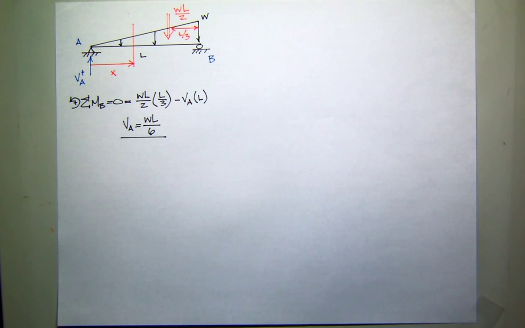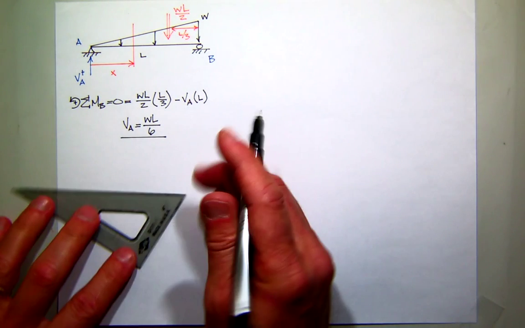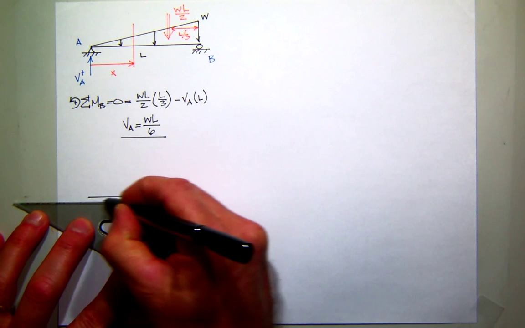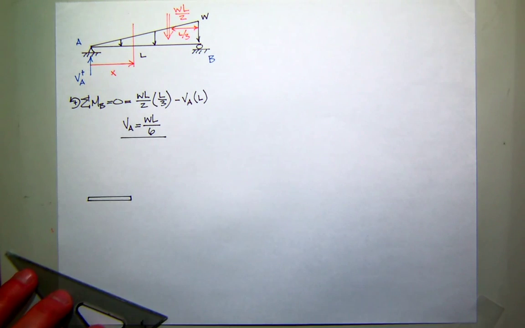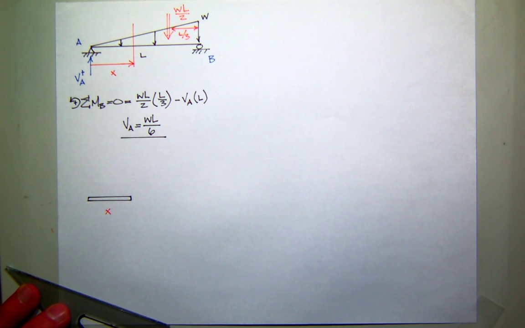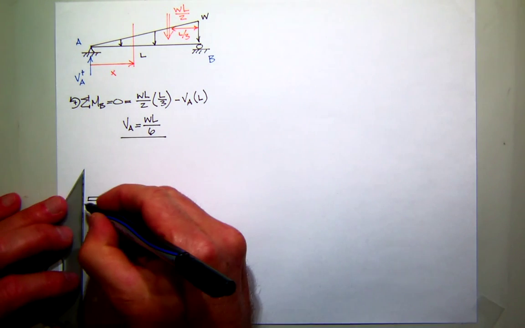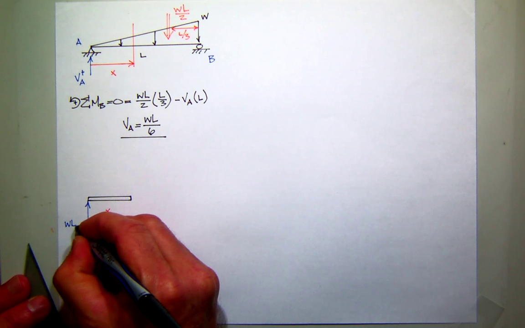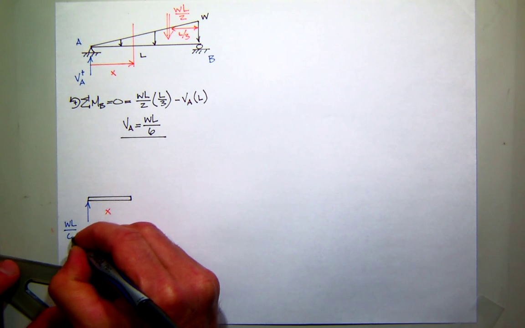That's good? All right. So let's go ahead then and draw the free body diagram for that left-hand side. So there's my free body diagram, length X. I now have my reaction force at A, which is WL over 6.